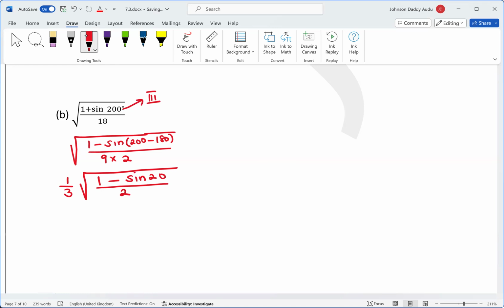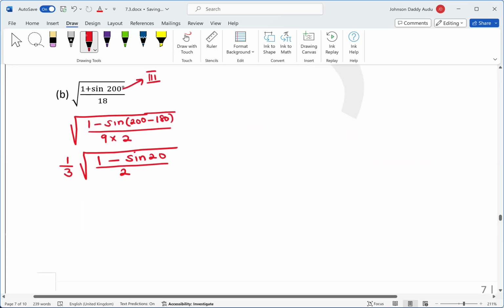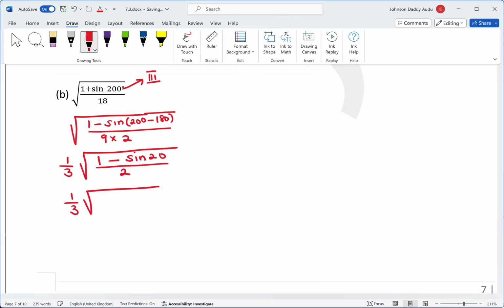But if you look at all the half angle formulas we have, we don't have any that have sine in. So we have to go back to cosine. So this is 1 minus cosine of 70 over 2. So here, what have we used? Cosine of 90 minus 20. Here we have used the co-function identity. Okay.